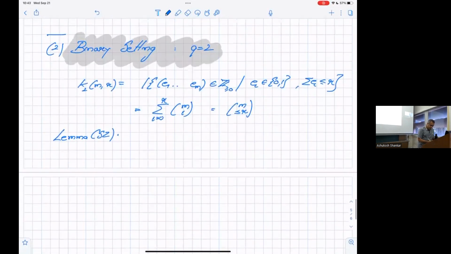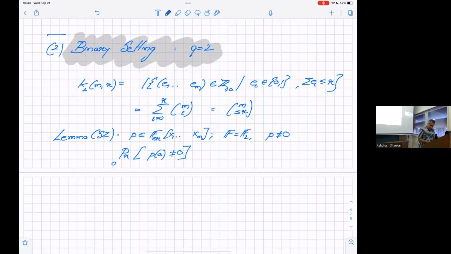The same thing: P belongs to this class, F_2, and P is not identically 0. I'm asking what's the probability that P(a) is not equal to 0 when I pick a random point from F_2^n.